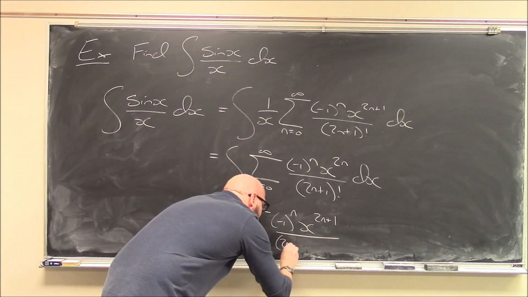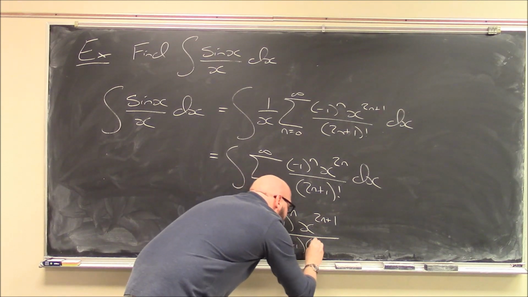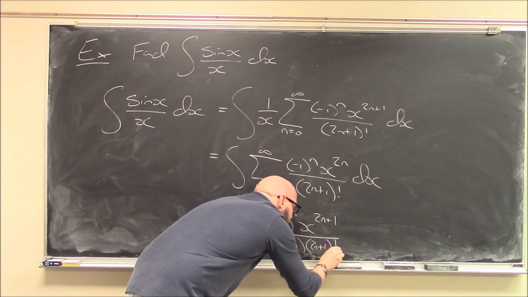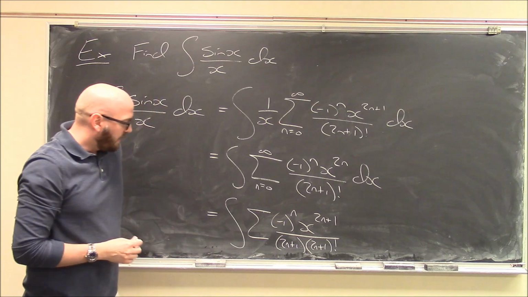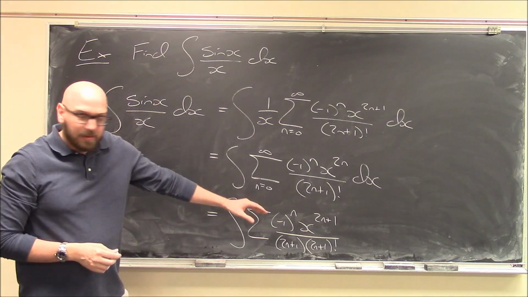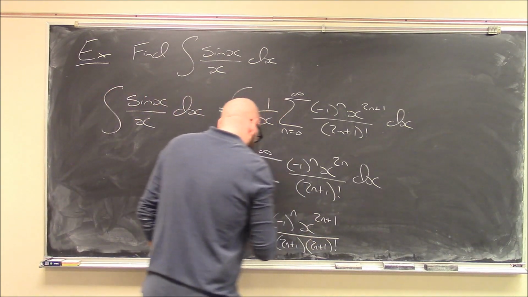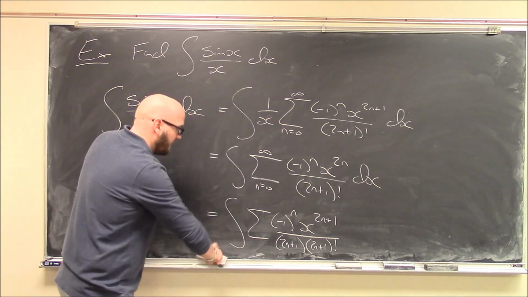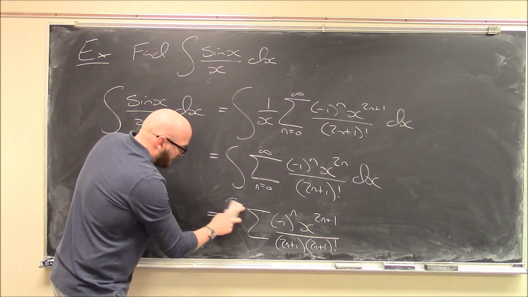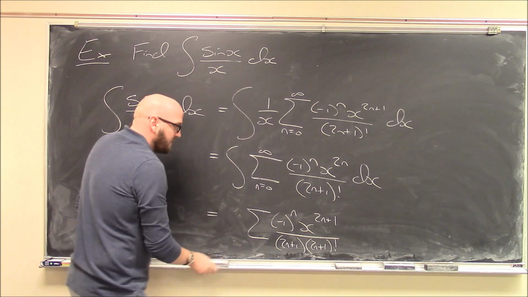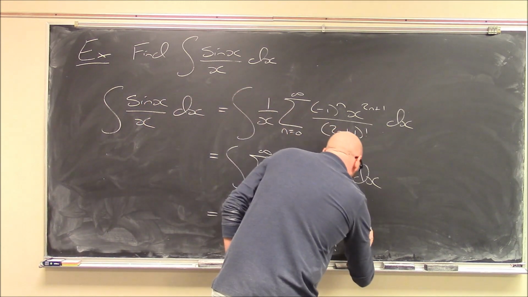So 2n plus 1 times 2n plus 1 factorial. And unfortunately, there's really nothing I can do with that. I have to leave it in that form. So I integrate that expression plus c, plus some constant.